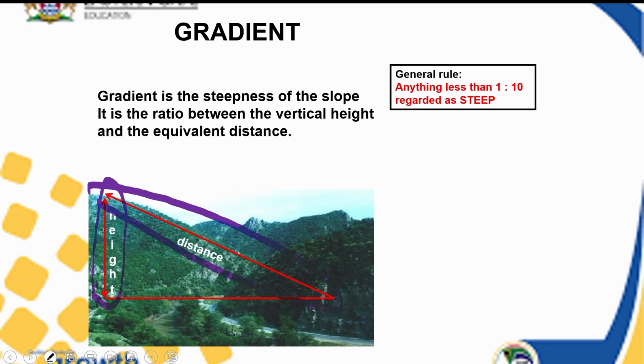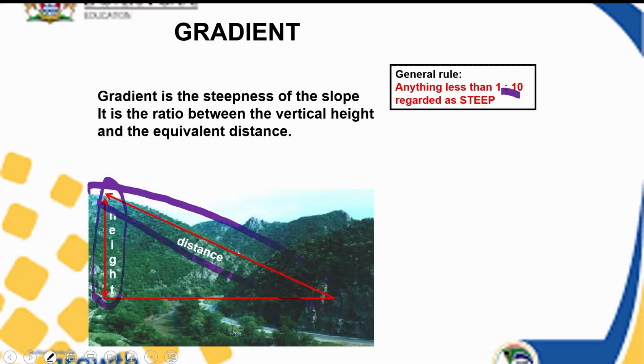Now, it means you need to have your answer in ratio form. There should be no units at the end. The general rule when you are calculating the gradient is that if your answer in terms of ratio is 1:10, it means that the slope is steep.